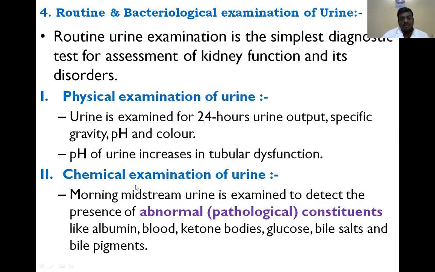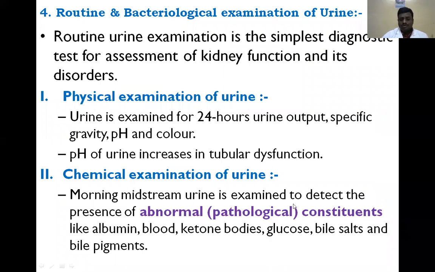Next is chemical examination of the urine, for pathological conditions. Abnormal or pathological constituents like albumin, blood, ketone bodies, and glucose may be present in the urine.